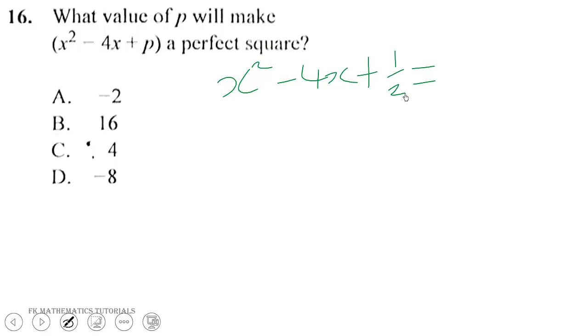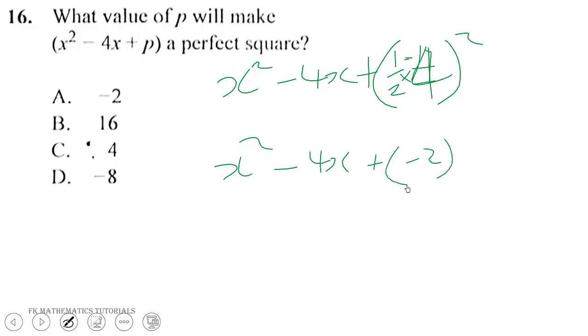Half of negative 4, all squared. So x squared minus 4x. Half of negative 4 is negative 2.